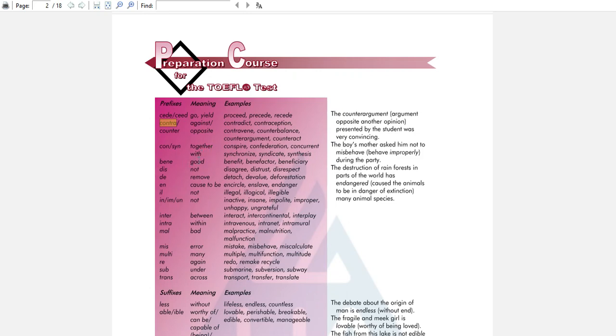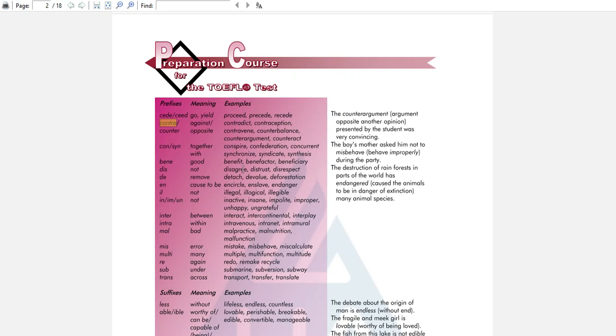Bene, the meaning is good, like benefit, benefactor, and then beneficiary. Some of the prefixes have negative meaning. For example, like this, il, in, im, an, they have negative meaning. So when you have these prefixes in front of another word, for example, agree, right?